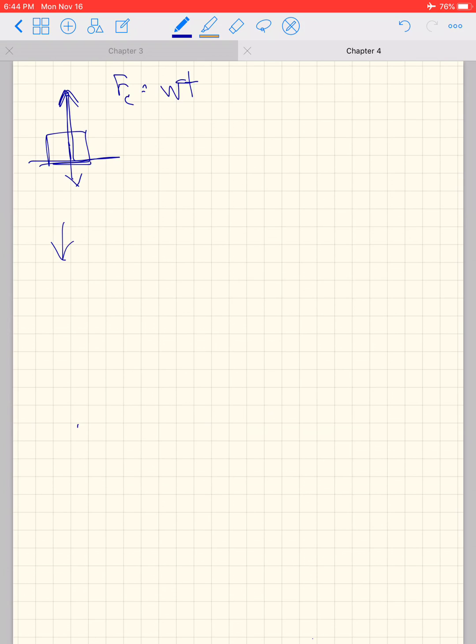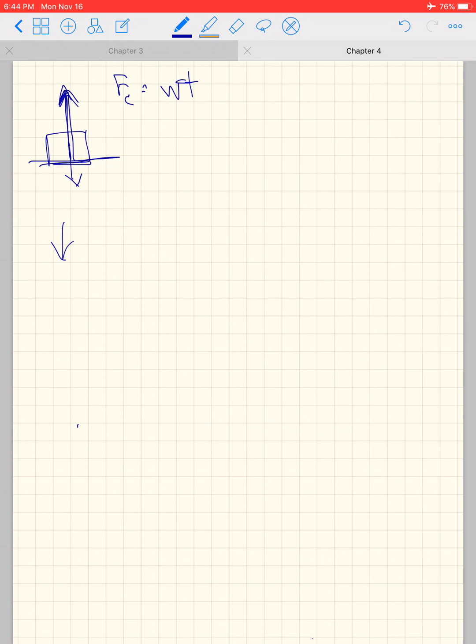And the pushback of the floor is really, we've talked about this before, just the intermolecular forces that are tightening up and not allowing the box to go through the surface. So the force of contact is the force pushing back against the weight.